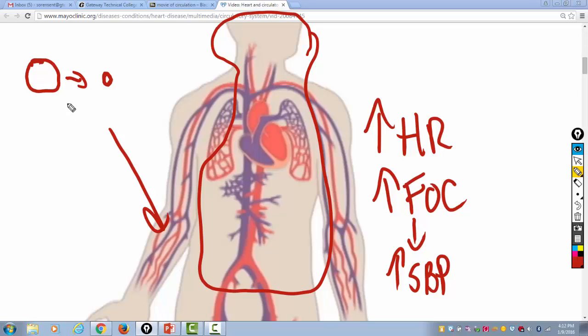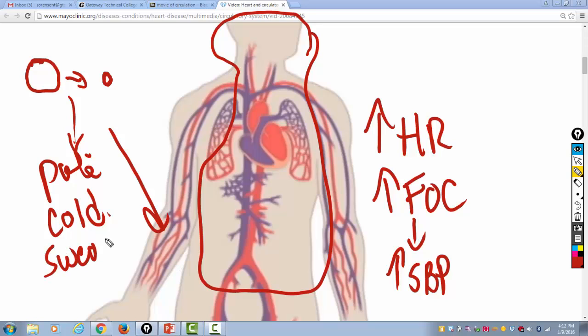So what's going to happen if you decrease blood flow to your skin and extremities? Your skin is going to become pale, cold, because you're not sending warm arterial blood there, right? You're going to be sweaty from the effects of epinephrine, so they're going to be cold and clammy. And as this progresses, they're going to become cyanotic. They're going to become blue because you're not delivering oxygenated blood to it.